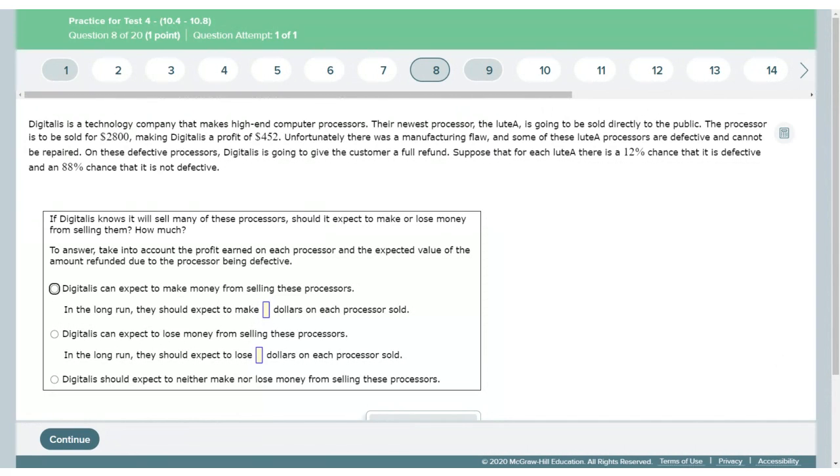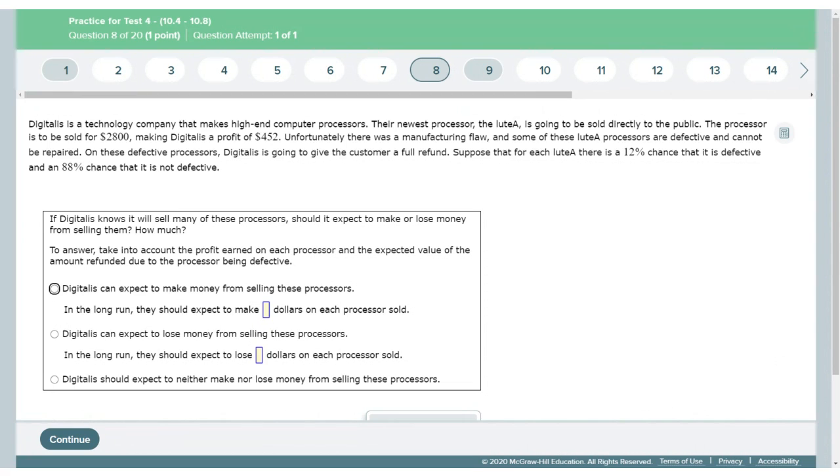Now, there's going to be these manufacturing flaws, and some of the processors are defective and cannot be repaired. So on these defective processors, the company is going to give the customer a full refund.